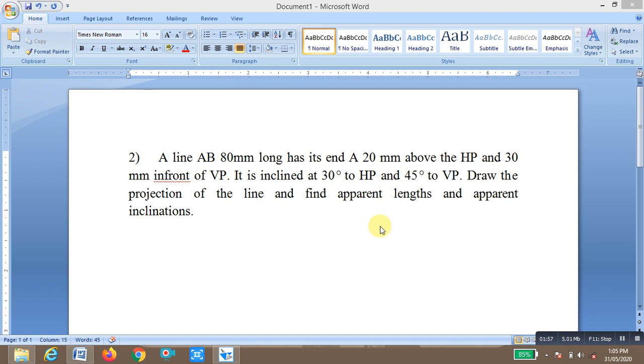We draw the projections and find apparent lengths and apparent inclinations. The true length is given. We are going to find the apparent length in the front view and top view, and at what angle they are inclined. Now, how to solve this problem by using Solid Edge?